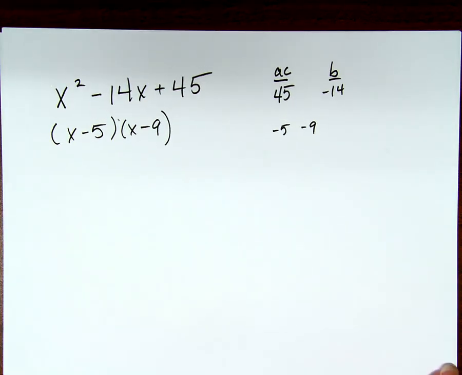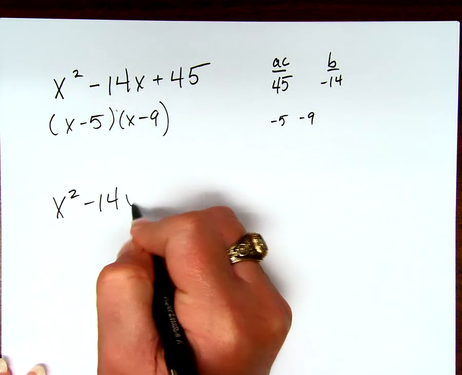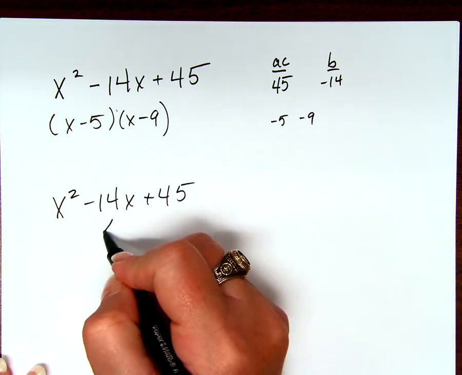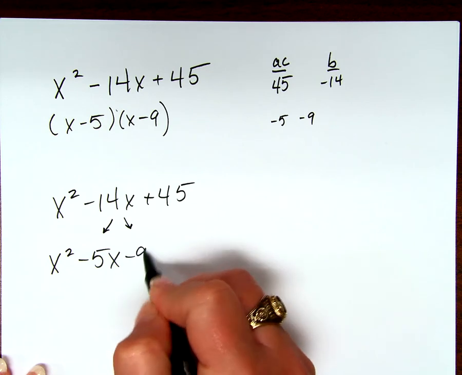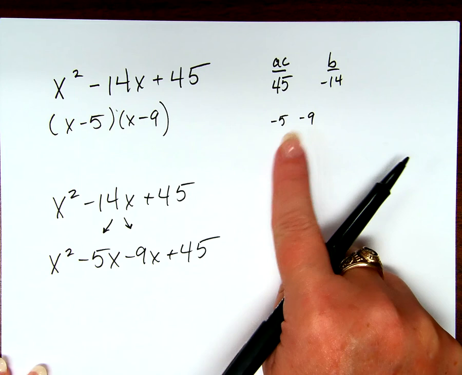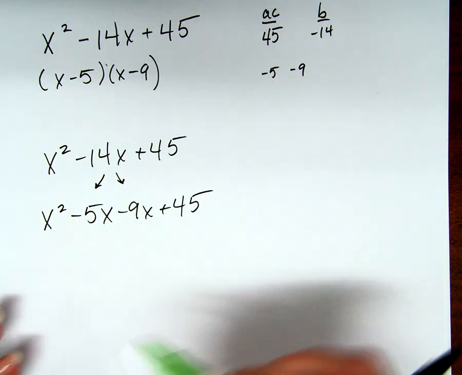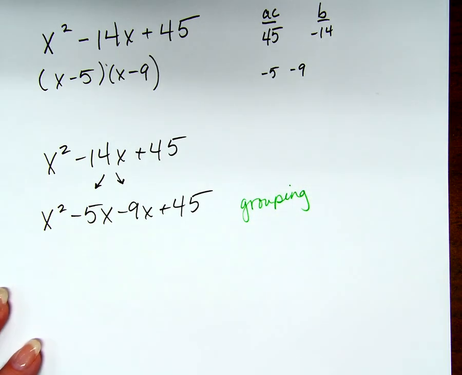Right? What if we just do the easy way? What do we do? We rewrite the problem by splitting the middle term into those two parts, right? And then we factor by grouping. What's common in the first two terms?